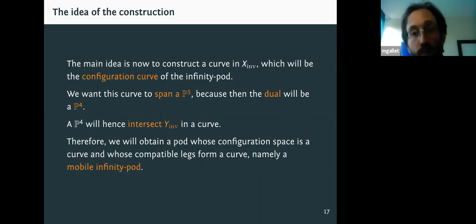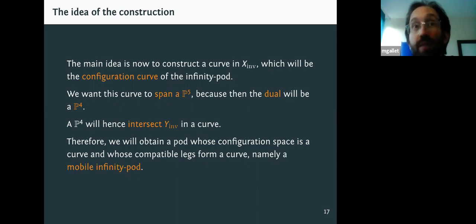Because if the configuration curve spans a P5, then the dual will be a P4. And if I have a P4 in leg space, which is a P10, where Y-inv is a variety of dimension 7, this P4 will intersect Y-inv in a curve.